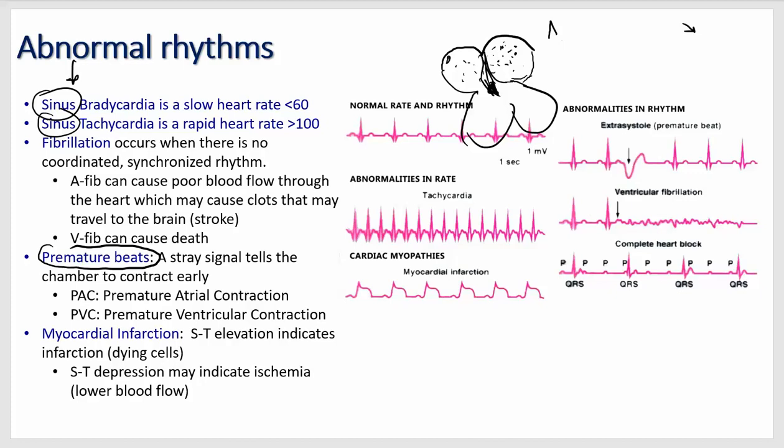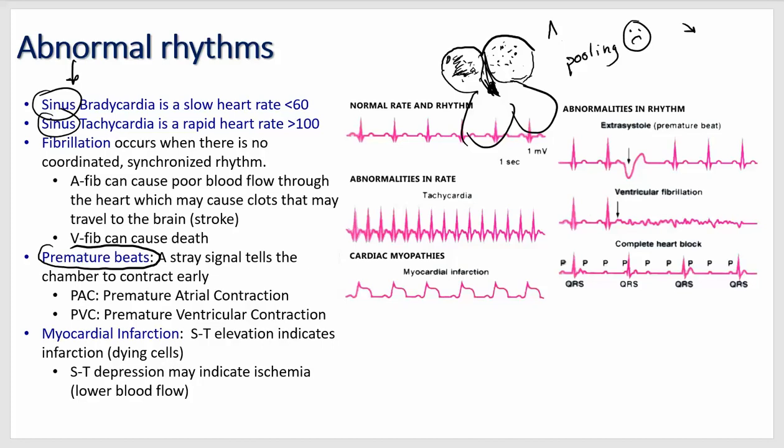Okay, so some others. So we talked about AFib. When your atria are fibrillating, when they're kind of quivering and vibrating, they're not really pumping blood actively into the ventricles, and so you kind of have some pooling of blood. So you might get some pooling, and pooling is very bad.